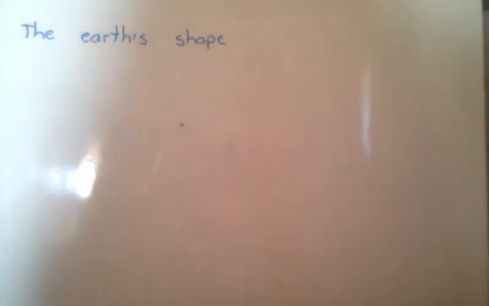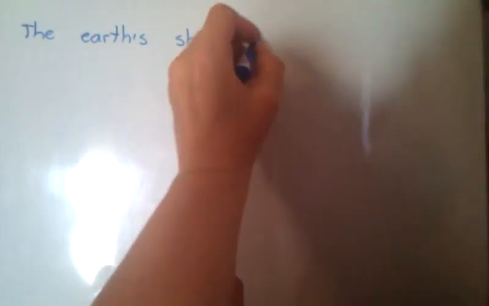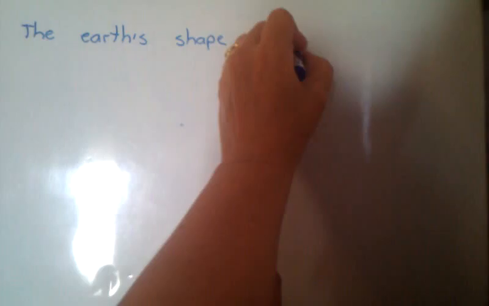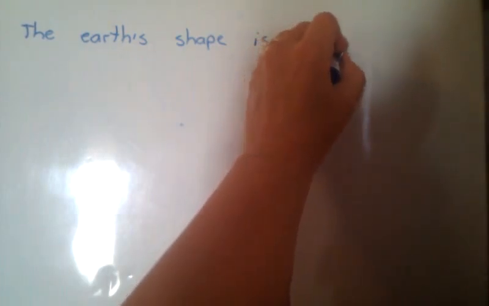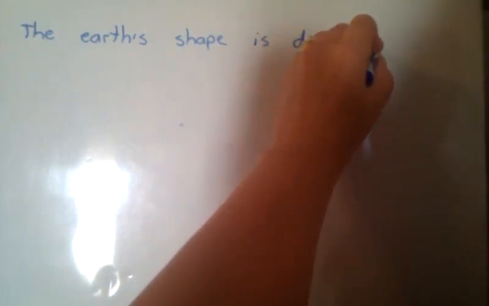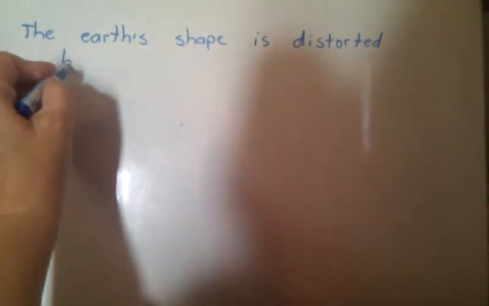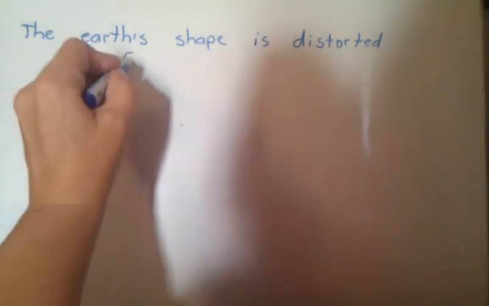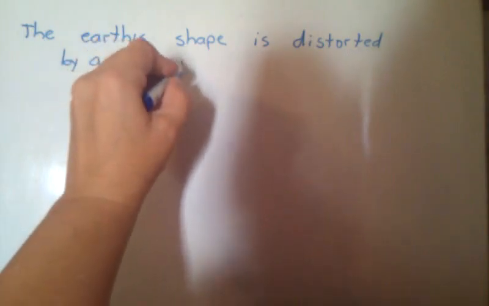The Earth's shape is distorted by a flat map.